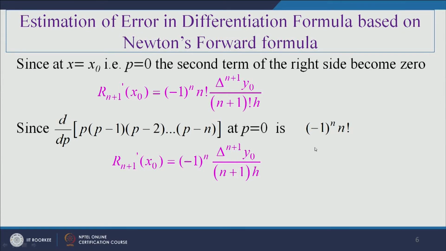And that is why R n plus 1 dash of x0 can also be written as minus 1 whole to the power n del to the power n plus 1 y0 by n plus 1 into h. Since n plus 1 factorial is the product of n factorial into n plus 1, that is why n plus 1 remained over there.